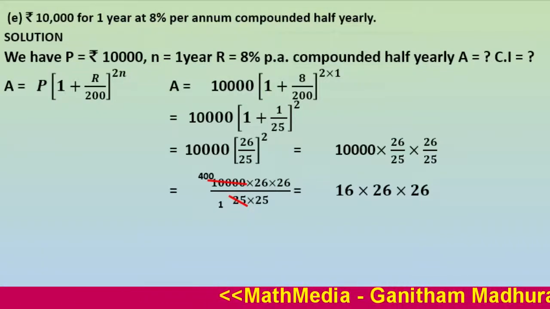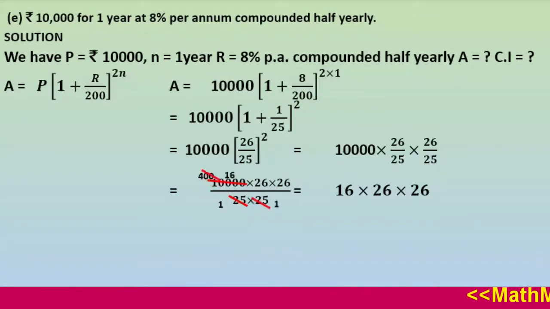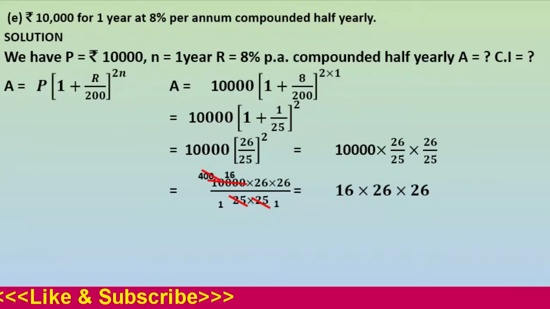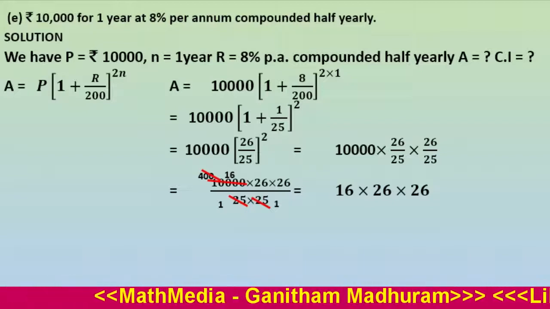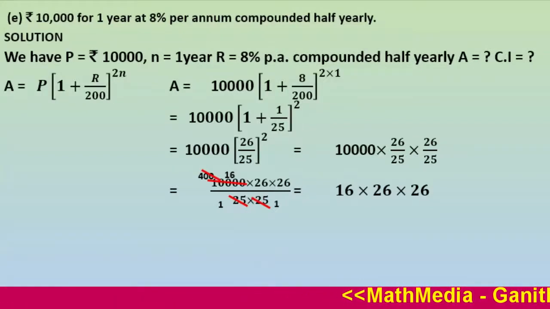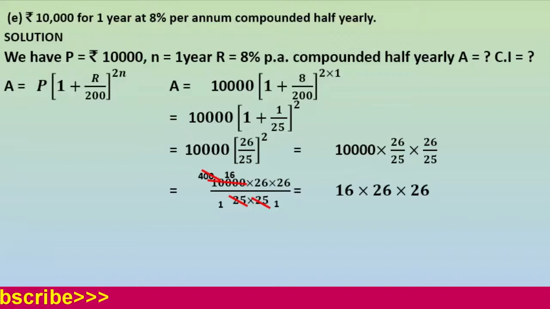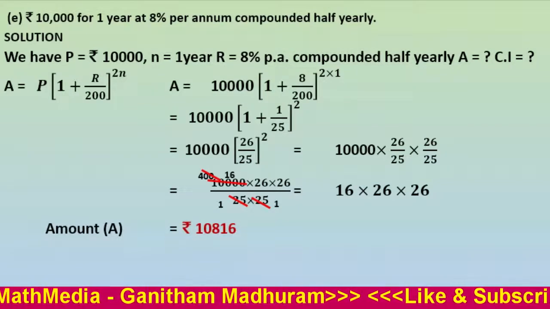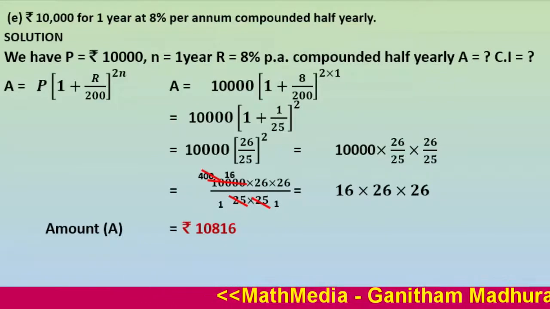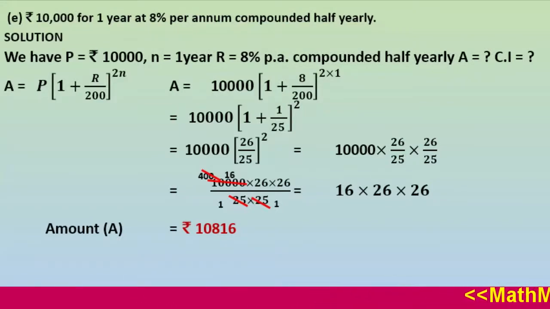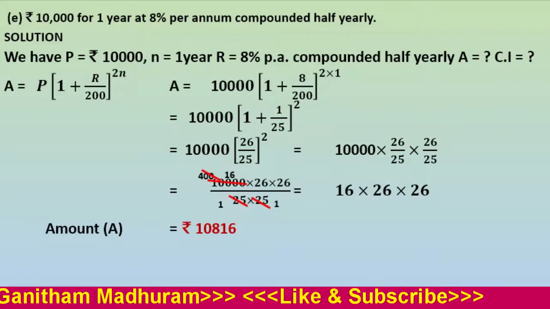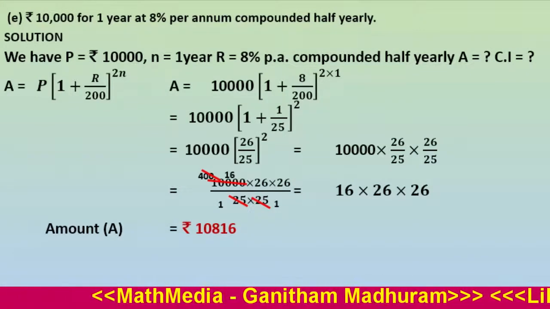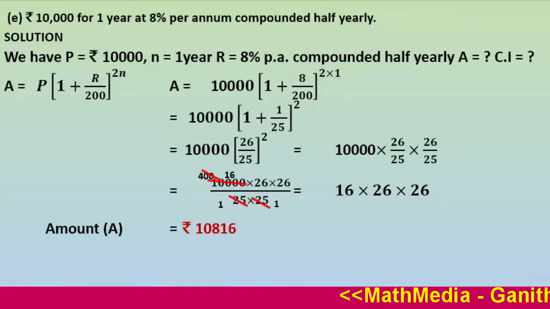Again we can cancel 400 and 25. So the numerator becomes 16 and denominator become 1. So the numerator is 16 into 26 into 26 whole divided by 1. While multiplying these numbers, we get rupees 10,816. So our amount is rupees 10,816.